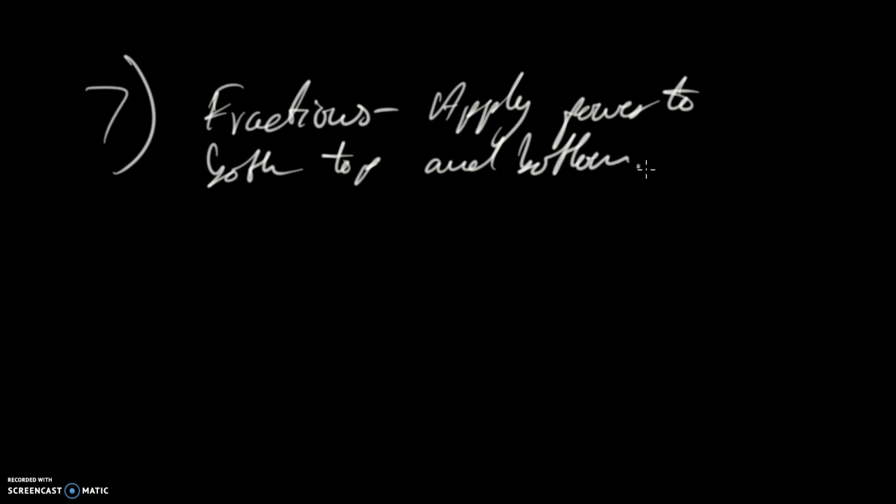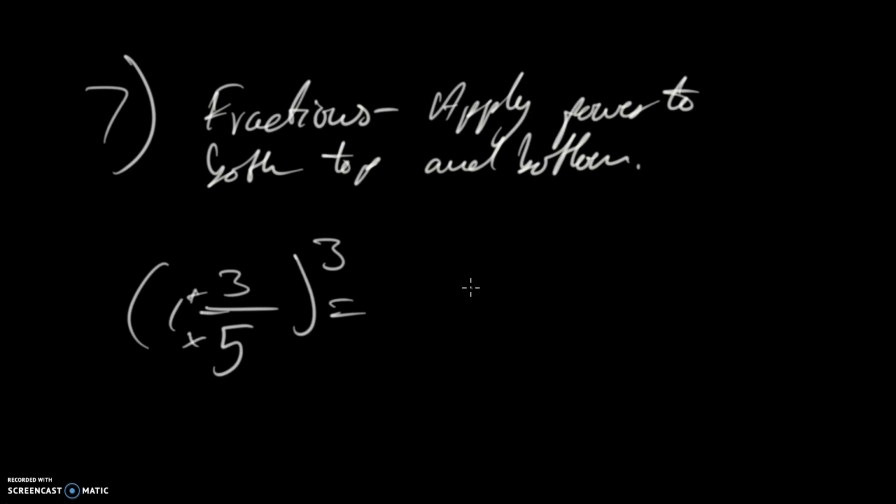So what I mean by that is, let's say we have 1 and 3 over 5, to the power of 3 outside. First, this is a mixed fraction, so you transfer it into an improper fraction, which would be 5 times 1 plus 3, giving us 8 over 5, to the power of 3.